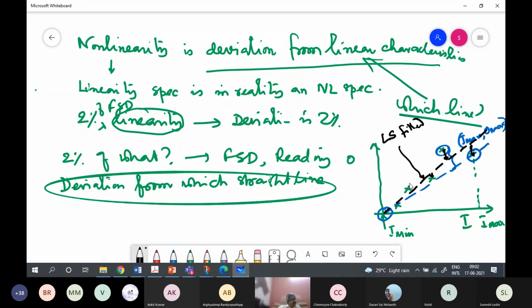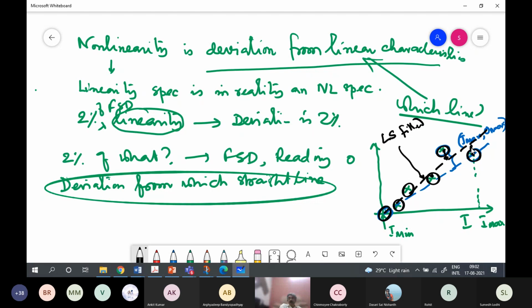But the problem is that to determine this line, you need all the points, so you have to do many experiments. Finding this line is more complicated, but with respect to this line, the linearity specification will look better.